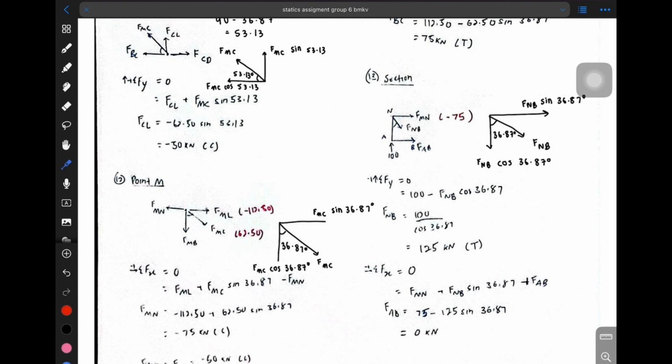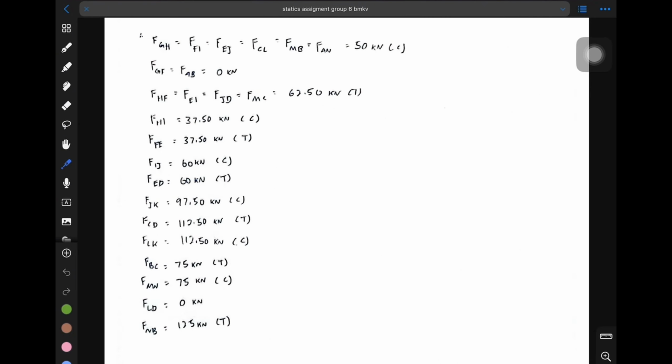So we can get FAB is equal to 75 minus 125 sin 36.87. So we get FAB is 0 kilonewton. So we can get the final answer for FGH, FFI, FEG, FCL, FMB and FAN equal to 50 kilonewton and it is compression. For FGK equal to FAB and we get 0 kilonewton.